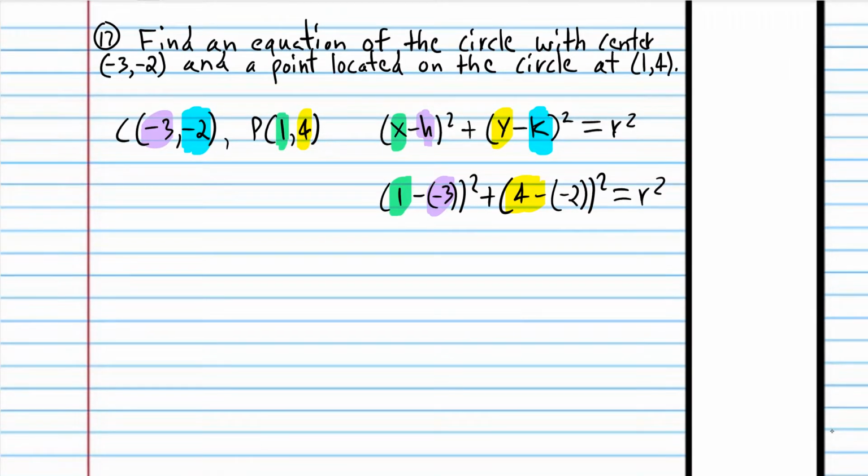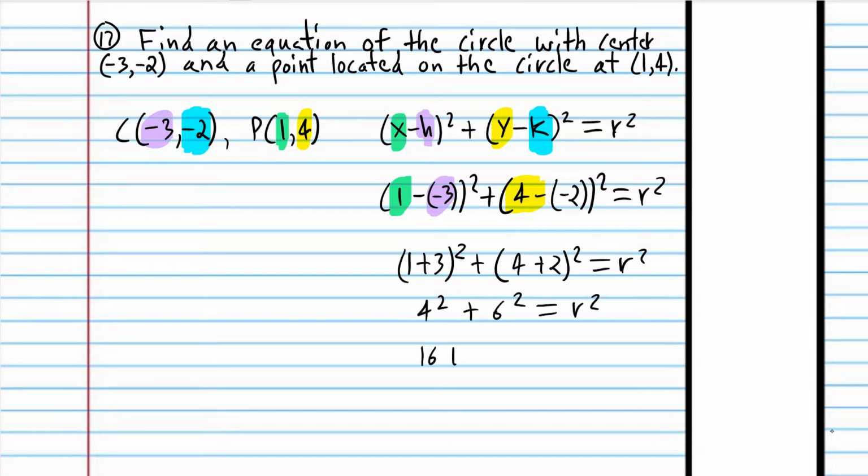So 1 minus -3 is 1 plus 3. That's a double negative. And we have a double negative over here. That becomes 4 plus 2. And then we have 4 squared plus 6 squared is equal to r squared. 16 plus 36 is equal to r squared.